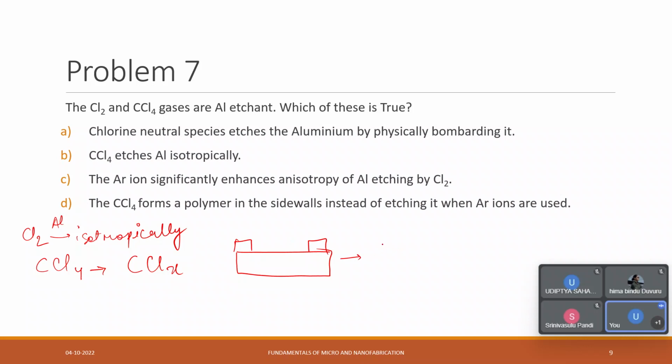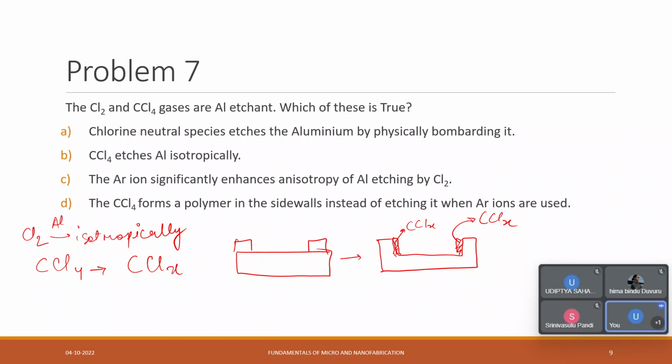The CClx forms kind of a polymer on the surface of the side walls. And this helps in getting this straight anisotropic profile.